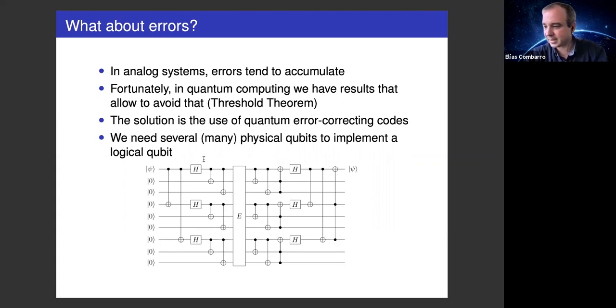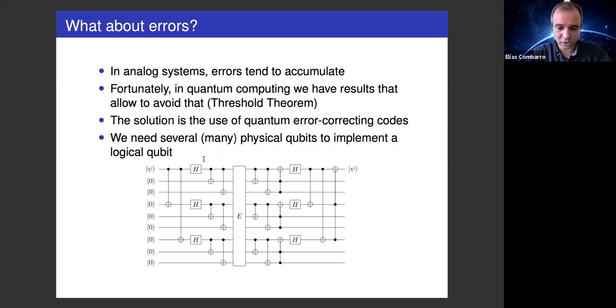One of the things developed at the beginning of quantum computing was a theory of how to correct quantum errors that can occur because, for instance, we don't apply the quantum gate exactly as we want, but we have a small error in this application, or we have some influence from the environment.